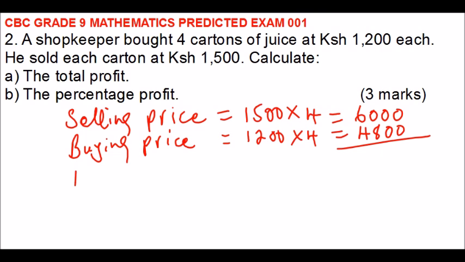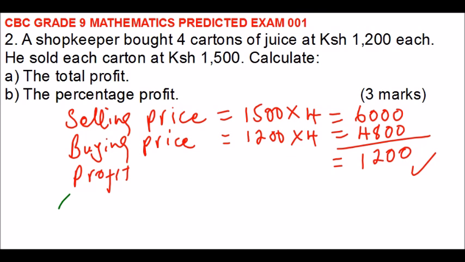So to get the profit, we subtract the buying price from the selling price, and that will give you 1,200. So the shopkeeper made a profit of 1,200. Then from there, we are told to find the percentage profit.